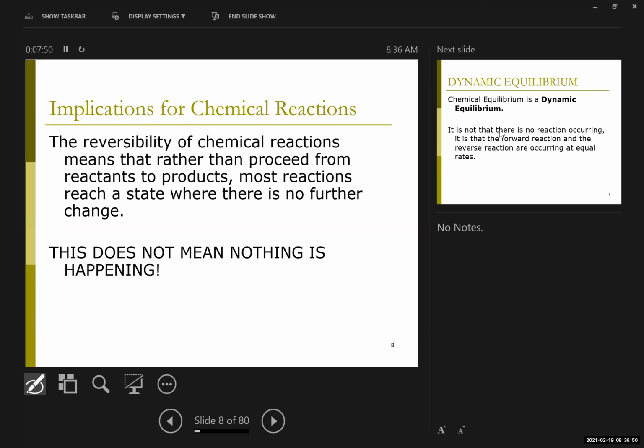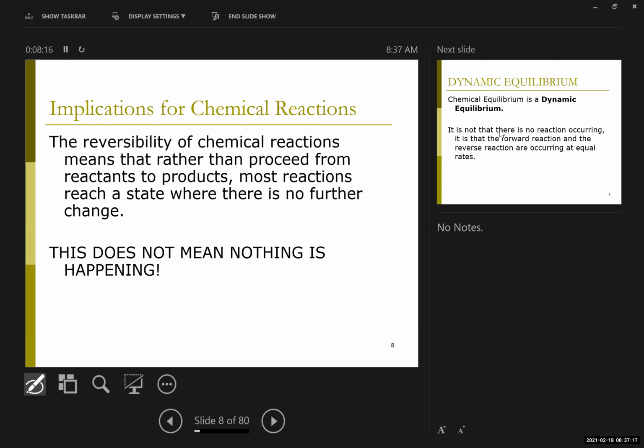Instead of proceeding to where I run out of something, I proceed to a point of balance between the reactants and the products. Now, this point of balance is really not static, which also fundamentally changes the way I think about reactions.